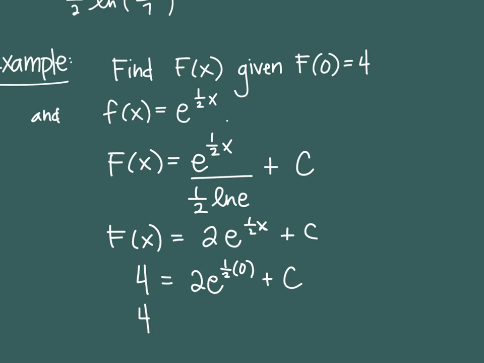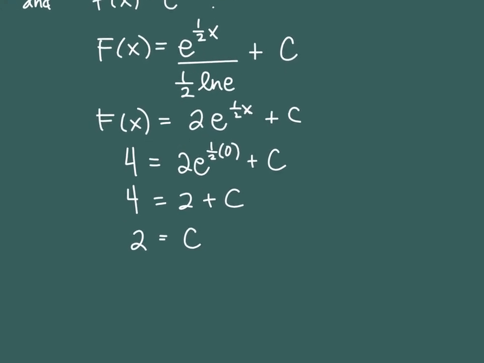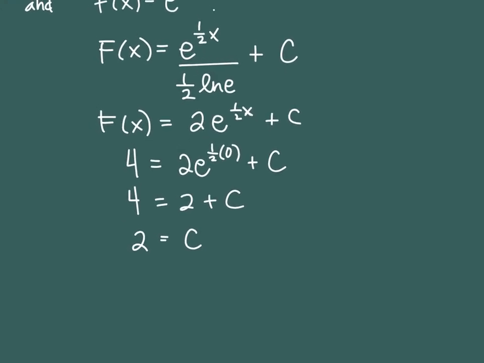E to the half times 0 is e to the 0, which is 1. So 4 equals 2 plus c, so c must be 2. This time we've figured out what the value of the constant is. And so my antiderivative in its final form is 2e to the half x plus the constant of 2, which we were able to figure out.